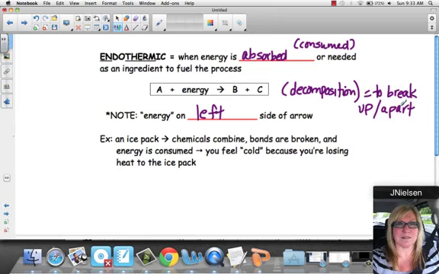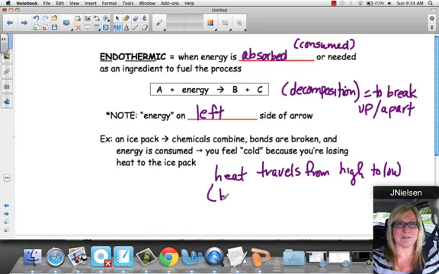The reason why it feels cold is because when you put it on an injury, heat travels from high to low. So what happens is the heat from your body is being absorbed by the ice pack. And that's why you feel cold.